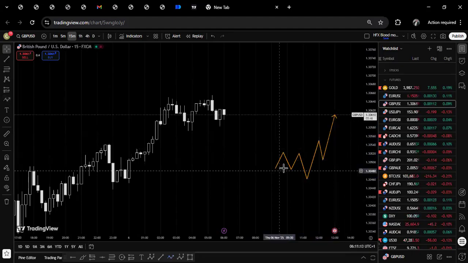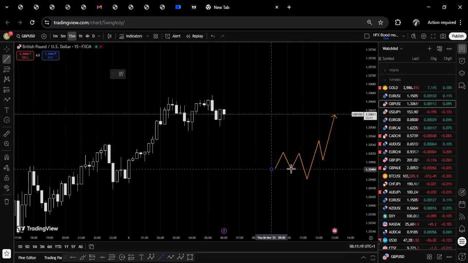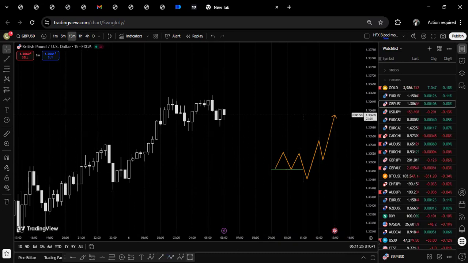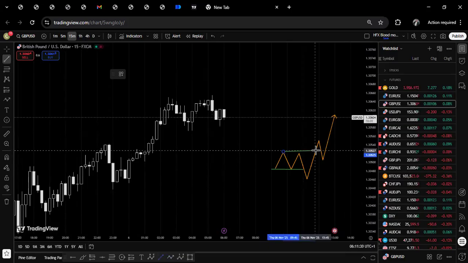This has been an area of equal low, and this other one being an area of equal high. I've seen this happen multiple times.